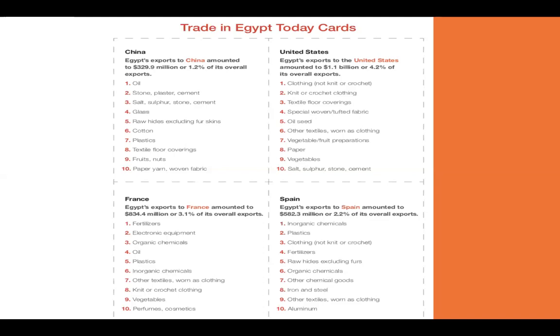And also Egypt exports to Spain plastics, chemicals, clothing, organic chemicals, iron and steel, aluminum. So as you can see, there are so many different goods that Egypt exports to different places in the world.